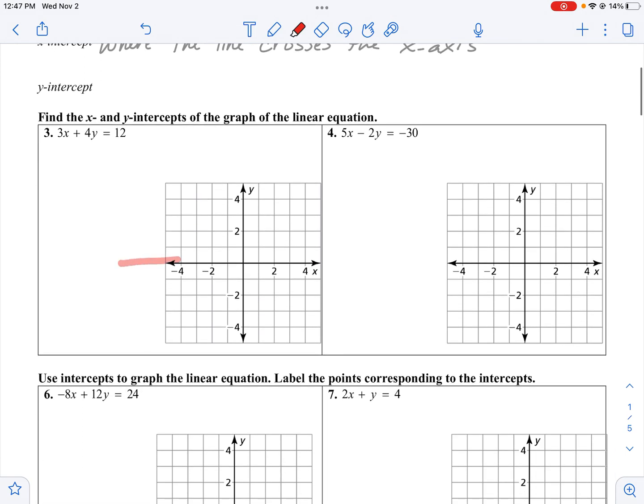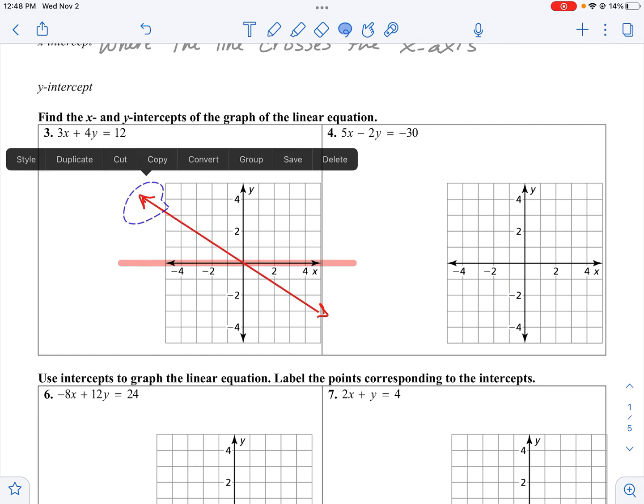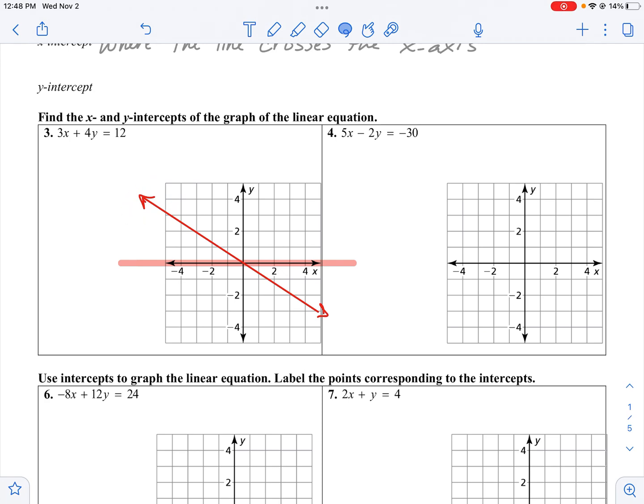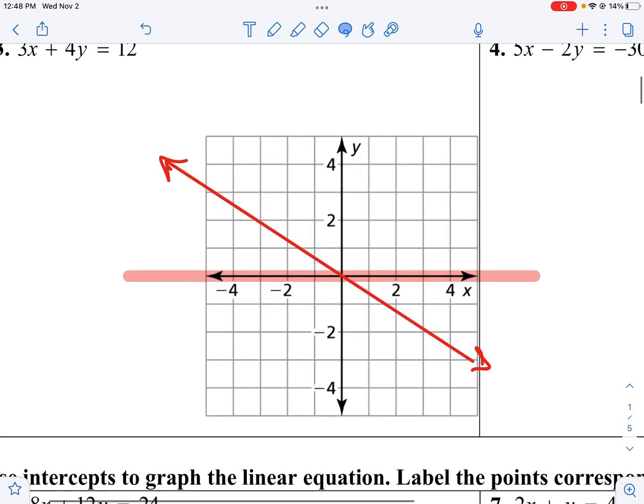So wherever that line crosses your horizontal x-axis, that is an x-intercept, because it's where the line is being intercepted by, or is intercepting, the x-axis. Kind of like if you catch an interception in football, you're crossing paths with the football. An x-intercept is where you cross paths with the x-axis.